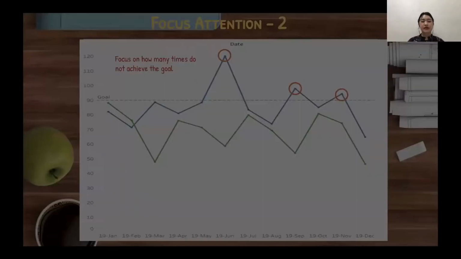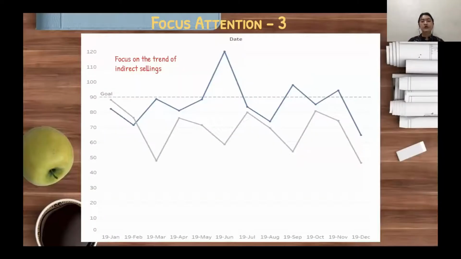And the third one is if you want to focus on the trend of indirect selling compared to the direct selling, you can just change the direct selling to gray color, and the audience focus on indirect selling because it uses the bright color. So these are the methods which can help your audience focus on your information.